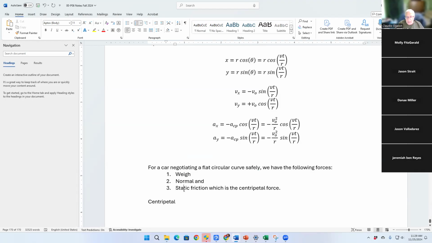And that's really the trick here. The static friction is the centripetal force. Okay. Apply Newton's second law and find the maximum speed it can go through the curve safely.